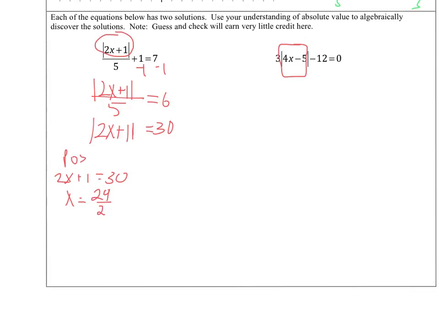The second condition is going to occur if the inside were negative. So negative 2x plus 1 is equal to 30. In other words, negative 2x minus 1 is equal to 30. So I got negative 2x, I'm going to add 1 to both sides, equal to 31. And when I divide by negative 2, we get x is equal to negative 31 over 2.